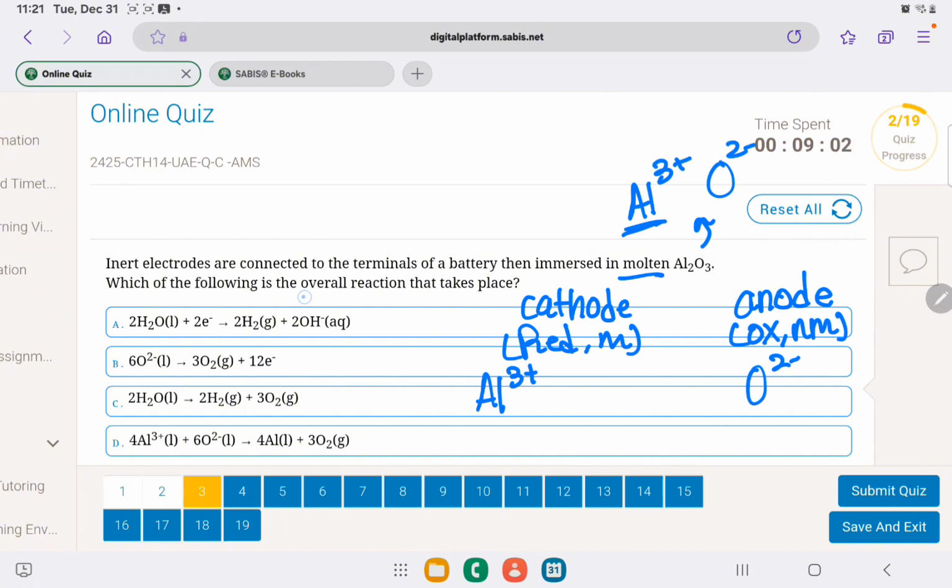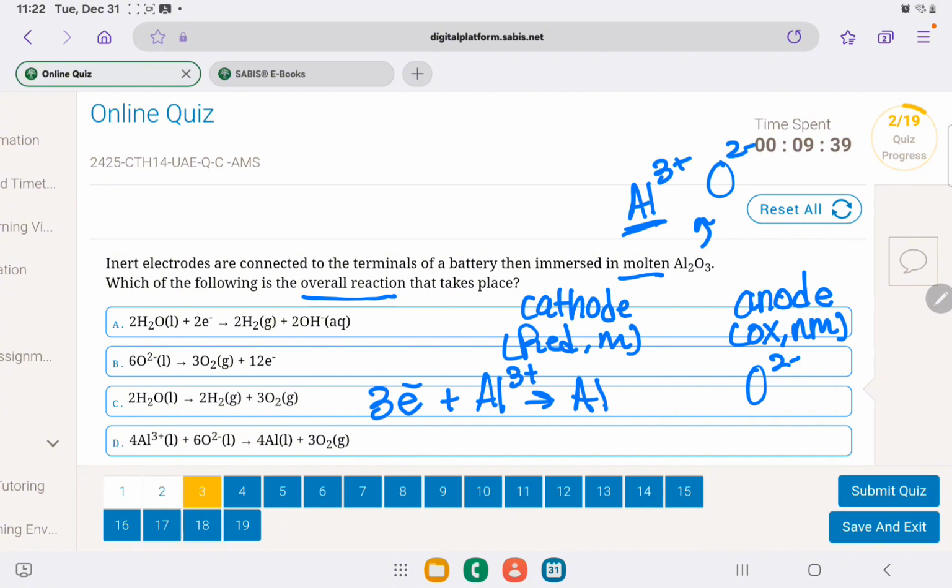Here they want the overall reaction. First we find the half reactions of the anode and the cathode, and then we add them up. Since Al is at the cathode and it's reduction, the electrons are in the reactants. So 3e minus plus Al3 plus to give Al.